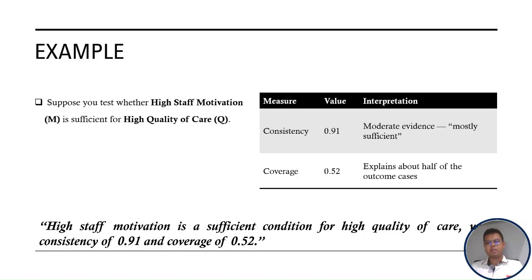Based on these values, we can say high staff motivation is a sufficient condition for high quality of care with consistency of 91% and coverage of 52%. If the consistency value is less than 80%, then we can say it's not necessary.